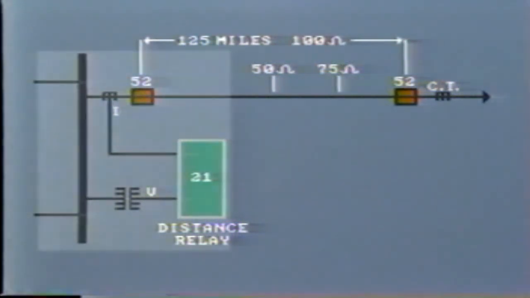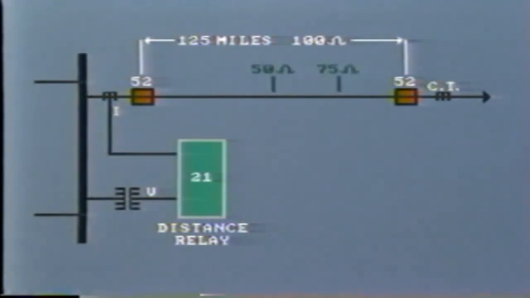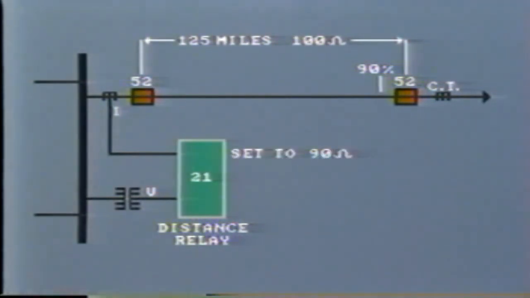The relay will be installed at this substation close to the breaker, but it can be adjusted to reach out as far along the line as we wish. Typically, it will be set to protect up to 90% of the length of the line. That is, for an impedance of 90 ohms in this example.